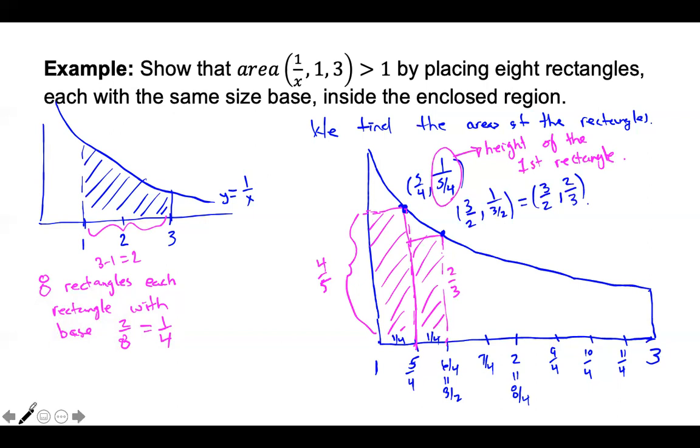Okay. So we want to find the area of the first rectangle. So what is the area of the first rectangle? Anyone? Have I lost you with rectangles? Sorry. So the area was just length times width, right? Length times width. So it's 4/5 times 1/4.